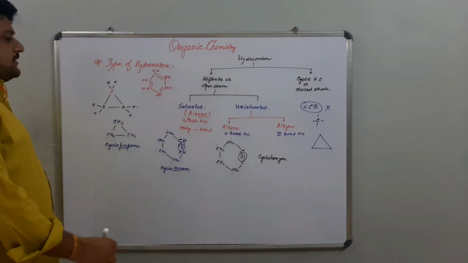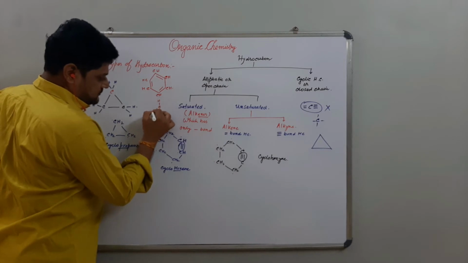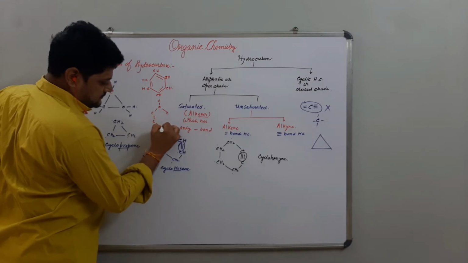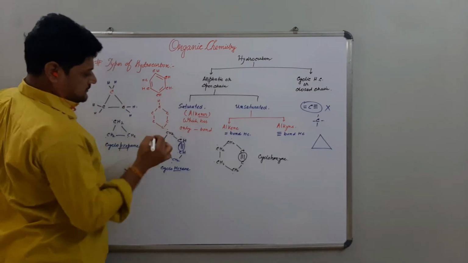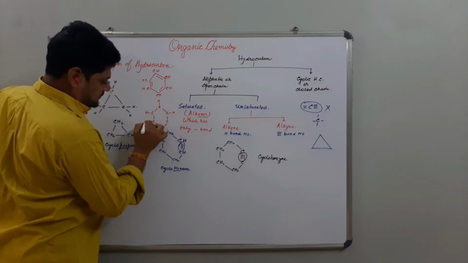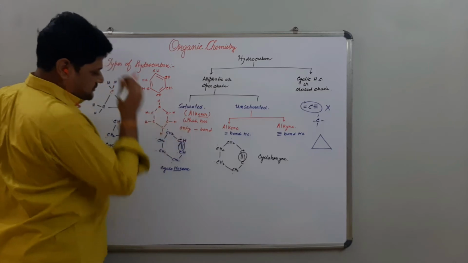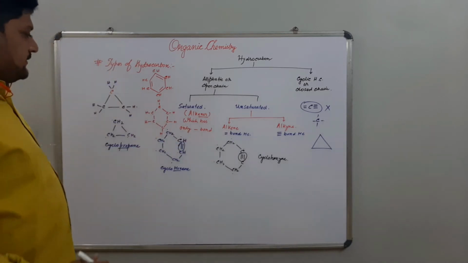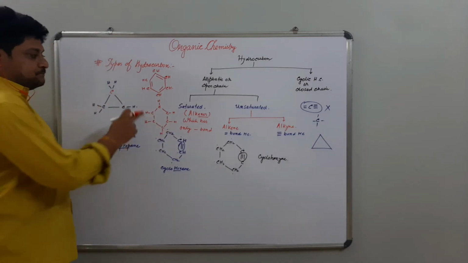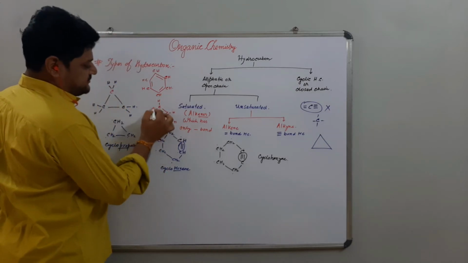If you draw this structure, C, C, C, C, C, C, now H, H, H, H and H. Now you see the structure is not satisfying the valency of the carbon, because here only three valencies are there.